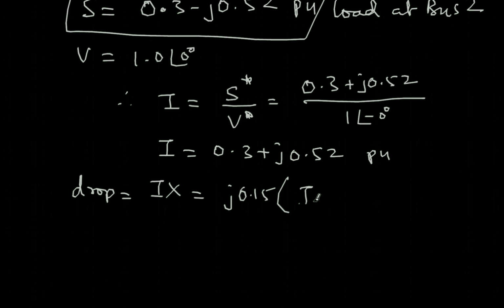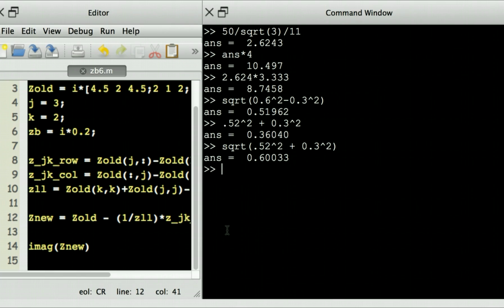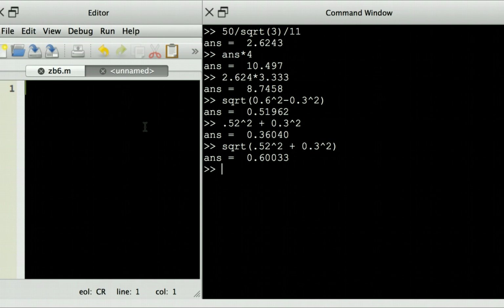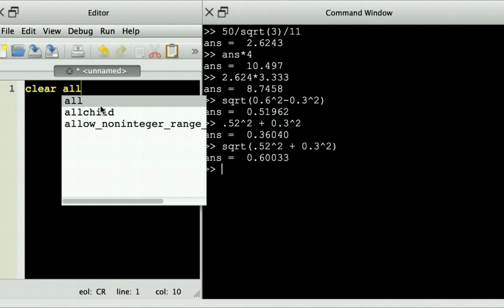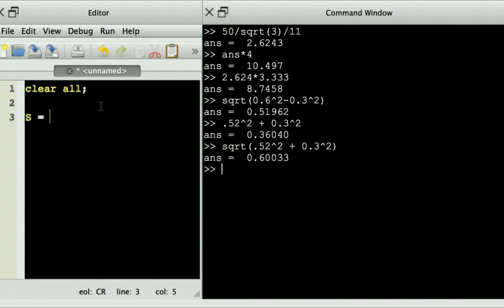the current I. So let me open a new program and solve here. S equal to 0.3 plus, minus 0.52j, and V equal to 1. So this is V2, V2 equal to 1. Therefore I equals conjugate of S divided by conjugate of V2.